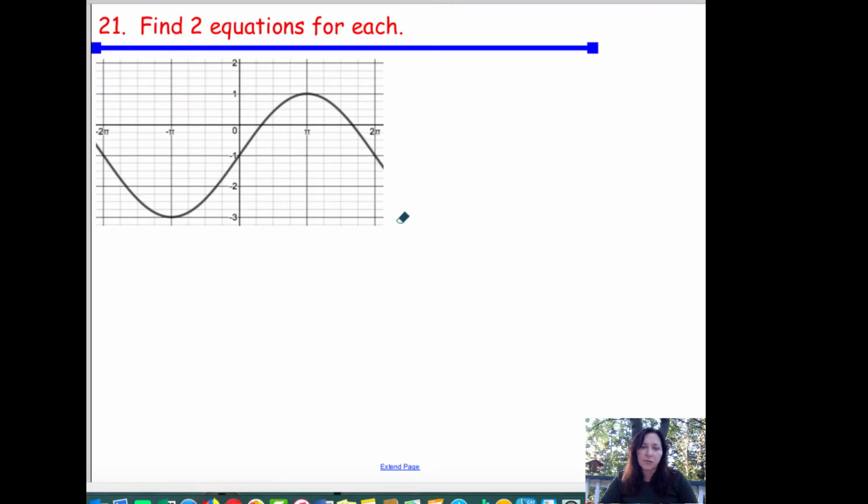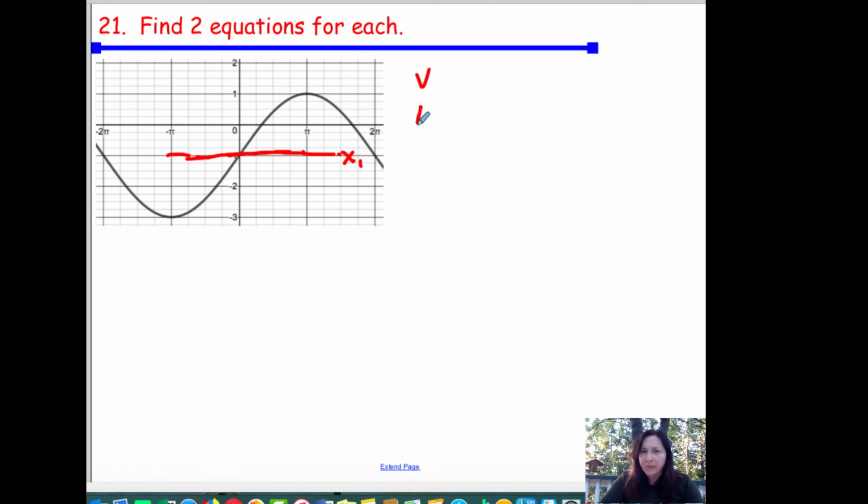Okay, so for problem number 21, we are trying to find two equations for each of these graphs. So there's a couple of these graphs that we're going to find equations for. The first thing you need to know is that this looks to me like a sine wave that's going to go like this. Halfway in between the highest point and the lowest point is going to be my sinusoidal axis.